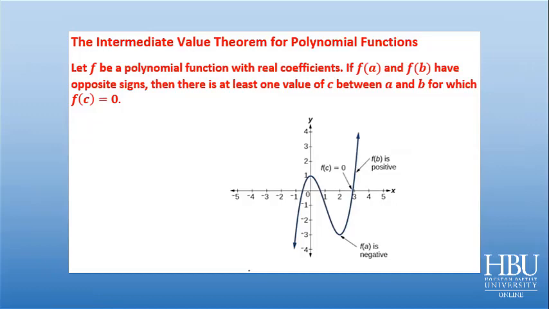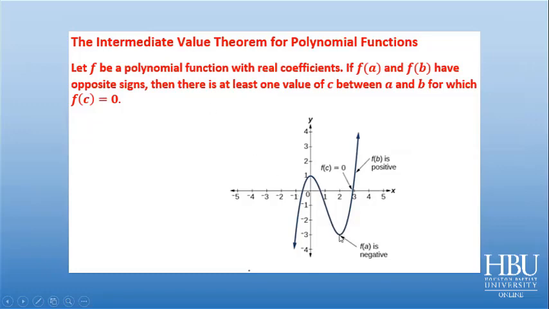What this theorem is saying is that because polynomial functions are continuous, there's no way that I can continuously trace the graph from this point below the x-axis to this point above the x-axis without crossing the x-axis at least once between those 2 points. So you can see in this graph that I have crossed the x-axis right here. It's an intermediate value, intermediate meaning between.